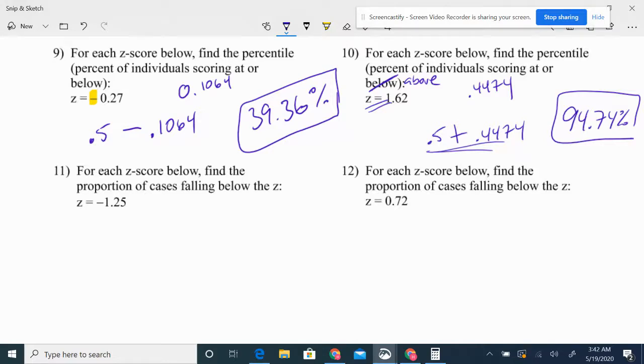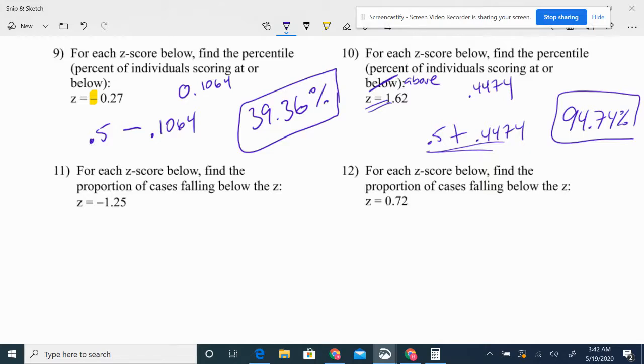Let's take a look at number 11. For each c-score below, find a proportion of cases. Notice I say proportion. In this case, I don't want the percentage, I want the decimal. So for each c-score below, find a proportion of cases falling below the c. My c-score is negative 1.25.